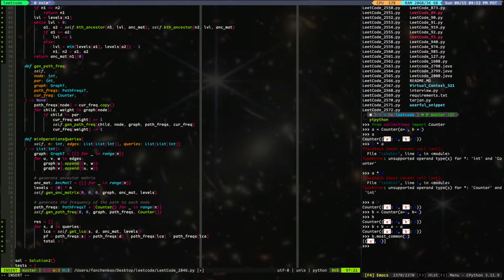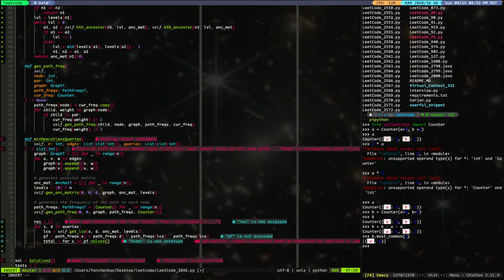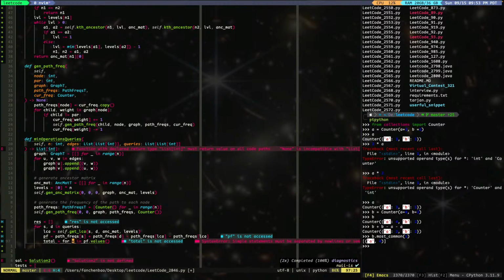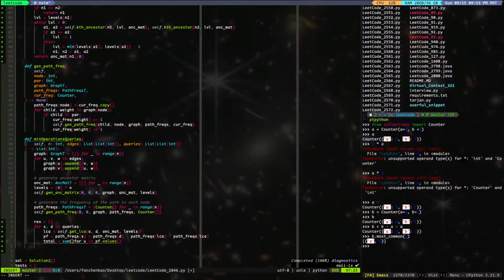So total shall equal to, for v in pf dot values. I forgot. I know items is the values, right? So we have sum.